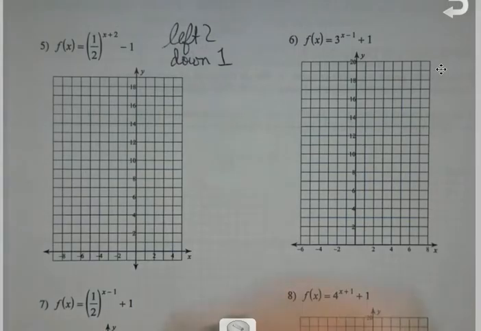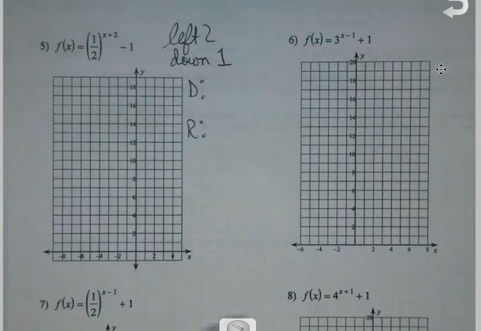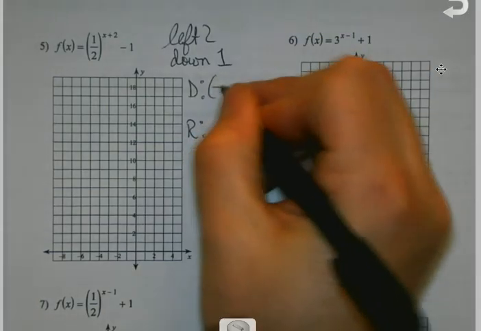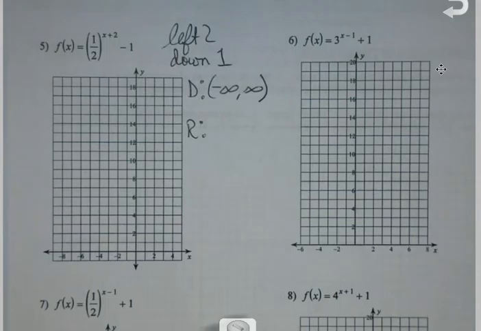Okay, so with that information alone, I should be able to figure out what my domain and range are going to be. So what's my domain going to be? Negative infinity to infinity, what it always is. What about my range?